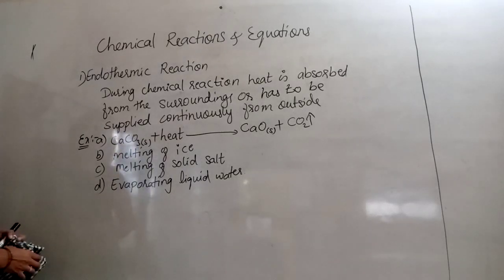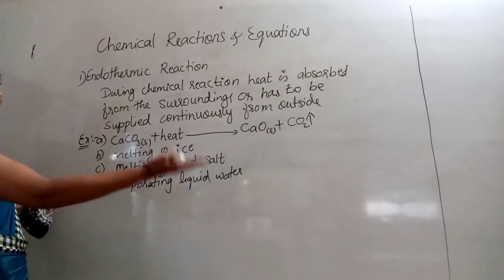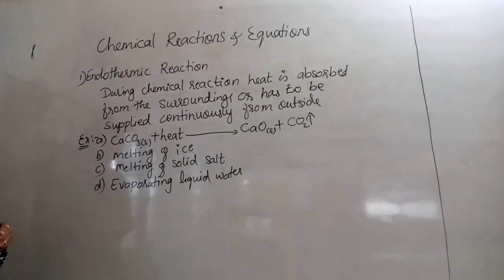Hope you understood exothermic and endothermic. In an exothermic reaction, heat is released along with the formation of products, and in an endothermic reaction, heat is absorbed to form a product. That is the difference between exothermic and endothermic.